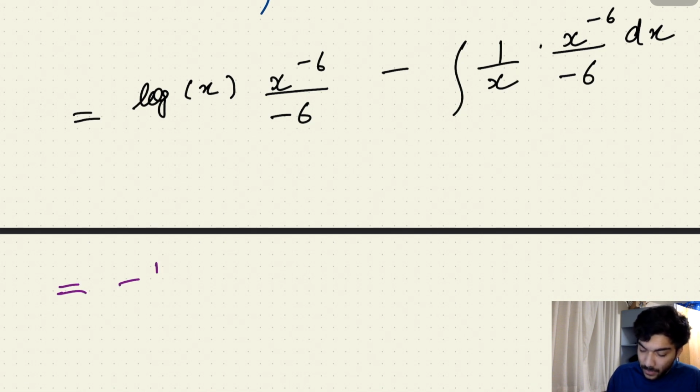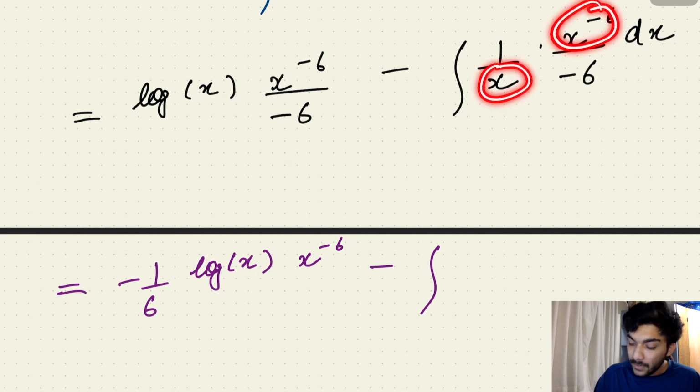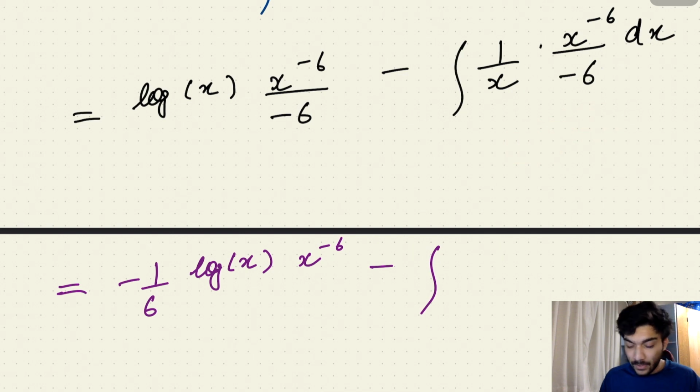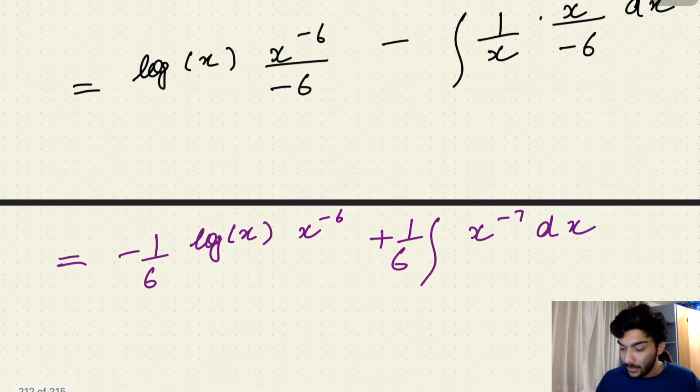So now let's simplify this down. The first expression would be minus 1 by 6 times log of x to the power minus 6, minus the integral of x to the power minus 6 upon x, which can be written as x to the power minus 6 minus 1, which would be x to the power minus 7 in this case, right? And we can take the negative 6 out. So if we take the negative 6 out with this negative sign, it would become plus 1 by 6 over here, and this would be the integral of x to the power minus 7 dx again, right?